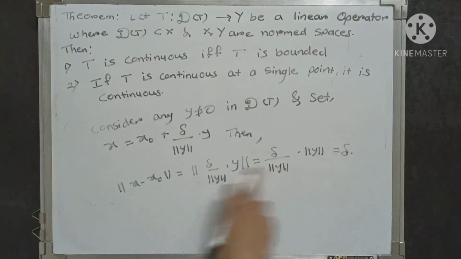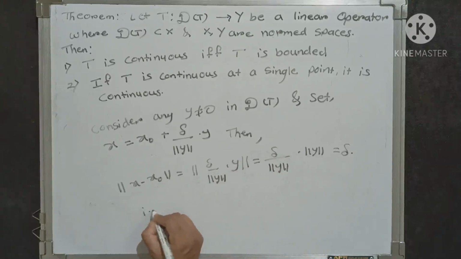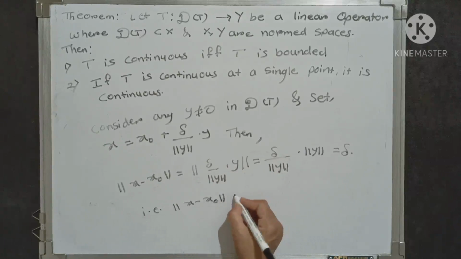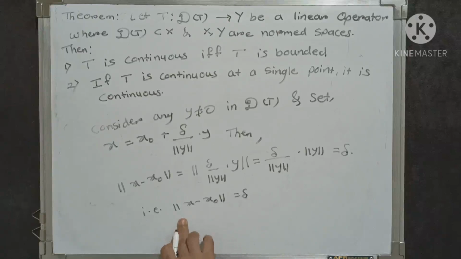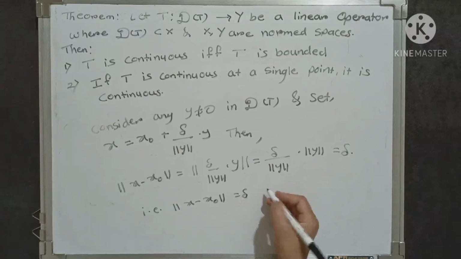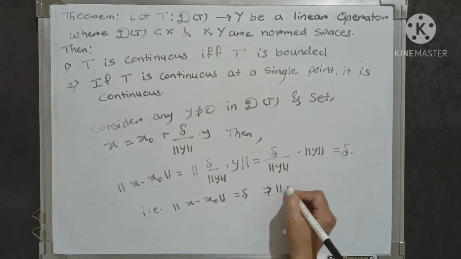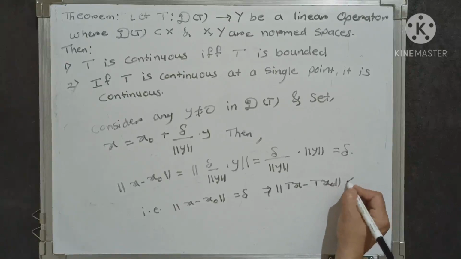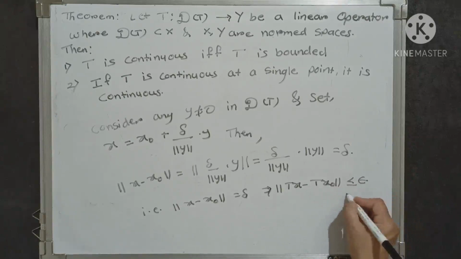That means in this case norm of x minus x naught equals delta. But when norm of x minus x naught equals delta, this implies that norm of Tx minus Tx naught is less than or equal to epsilon. We give it the equation number 1.